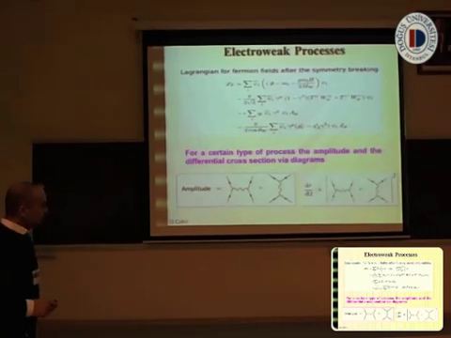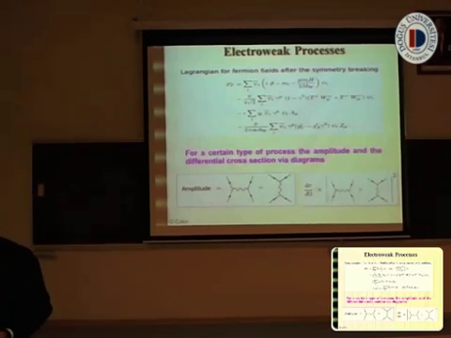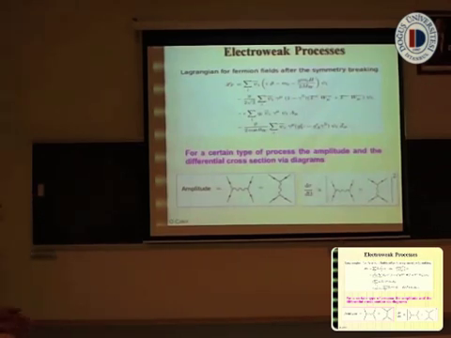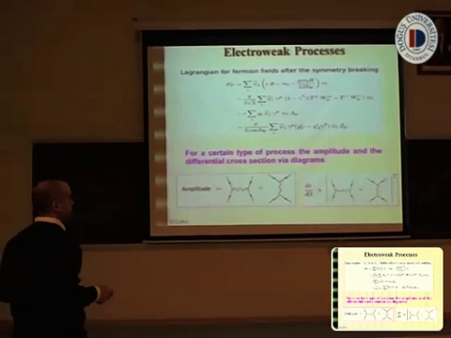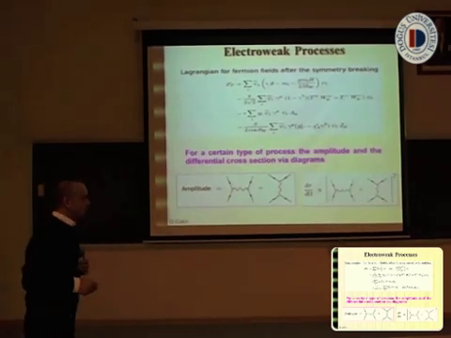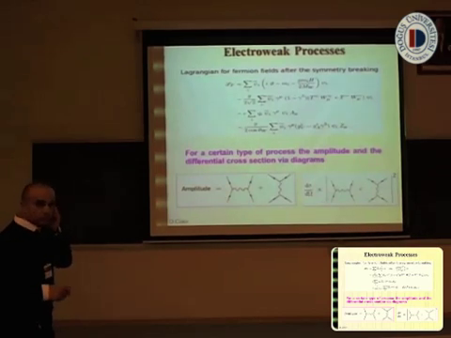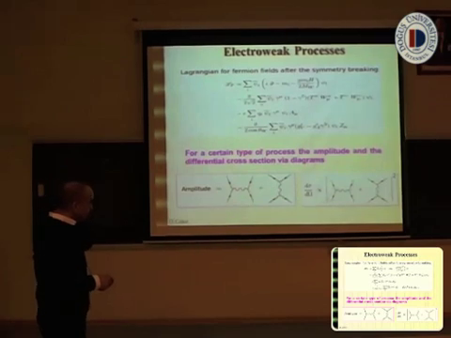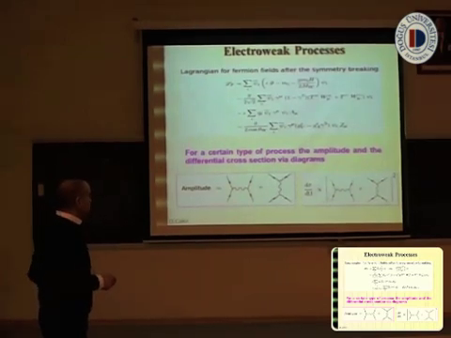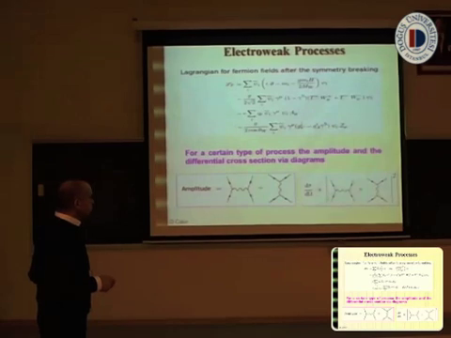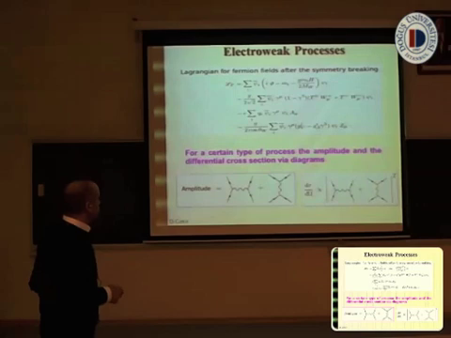Okay. If you want to calculate the amplitude and the cross section, for example the differential cross section like this, then for a certain process we have to draw Feynman diagrams. They may be 1, 2, 3, and some other things. S channel in this diagram, and you see the T channel in this diagram.